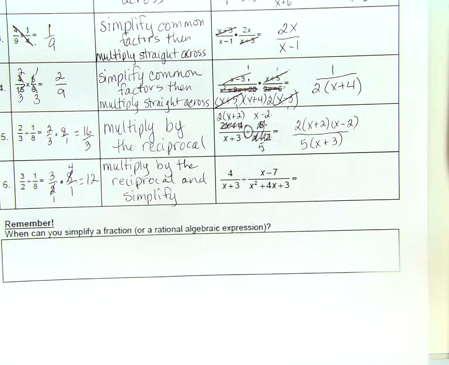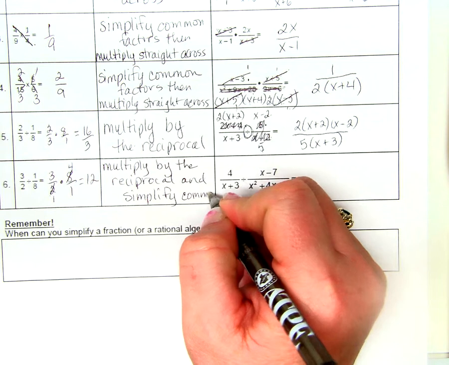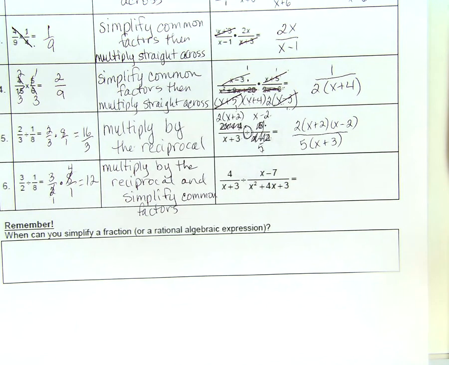Do I need to write simplify common factors? Okay, well I'm going to write it. You can write it if you want. I don't want anybody lost in the vocabulary. Okay?